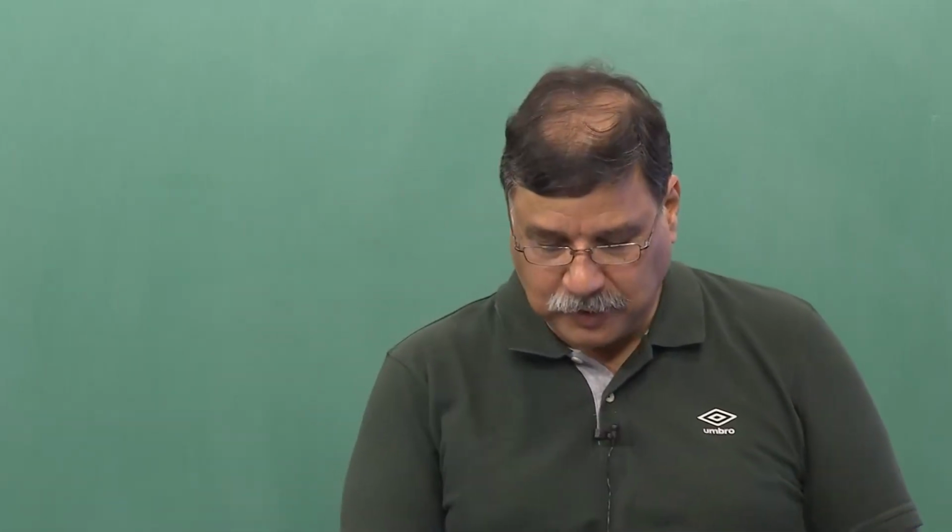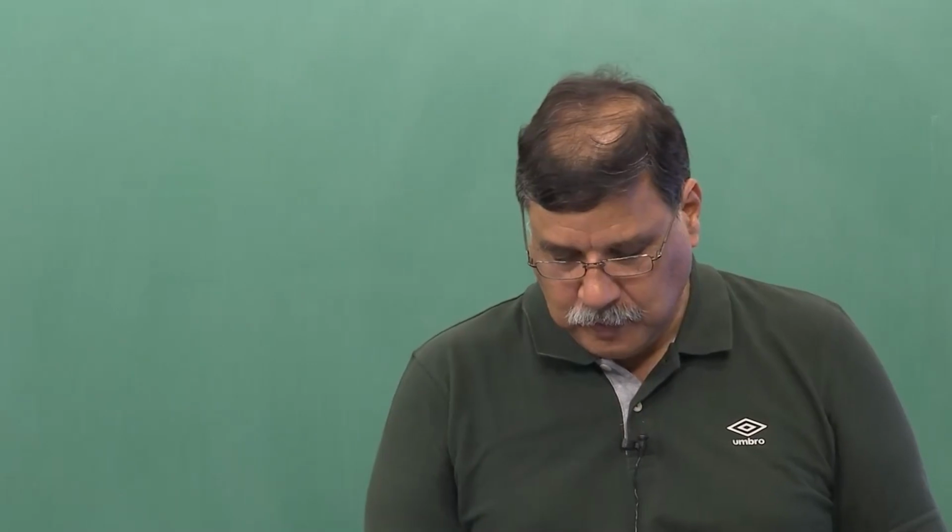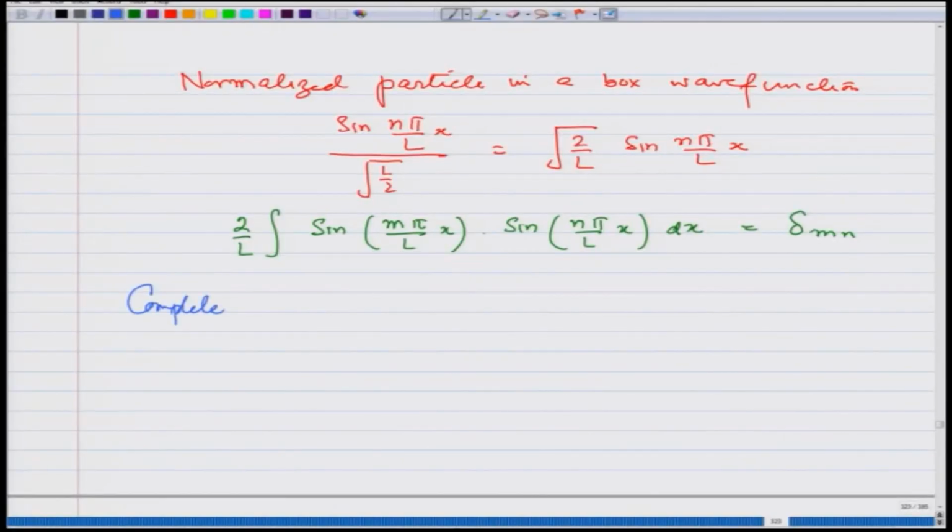And the claim for completeness is that f(x) that satisfies the same boundary condition can be written as C_n times this normalized wave function. Let me write this as phi_n(x), where phi_n is equal to square root of 2 over L sin(n pi x over L).